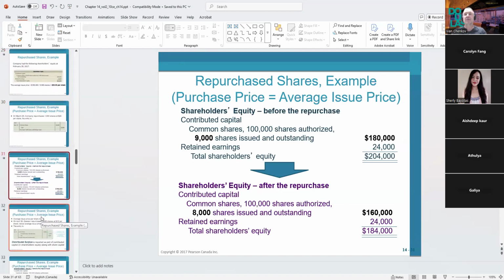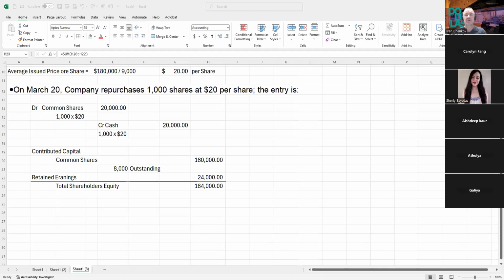Now let's see another scenario. I'm going to flip back to the Excel spreadsheet. I'm going to save you from seeing the other scenario on the slides and flip directly to the Excel spreadsheet so we can comment on it there.